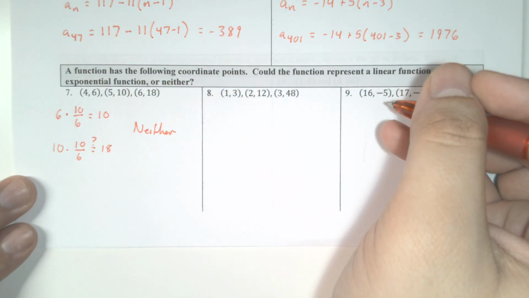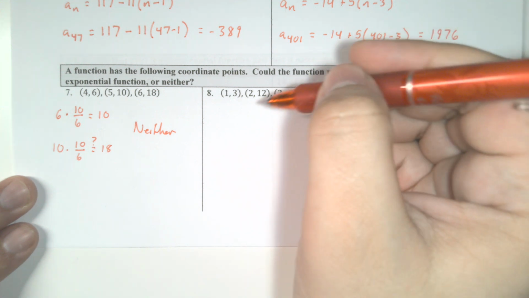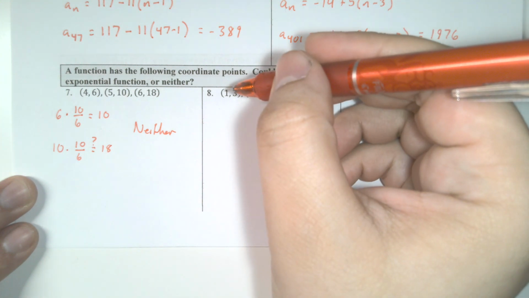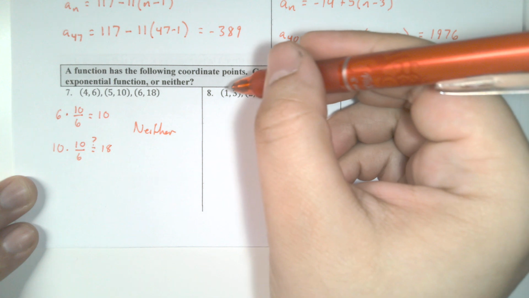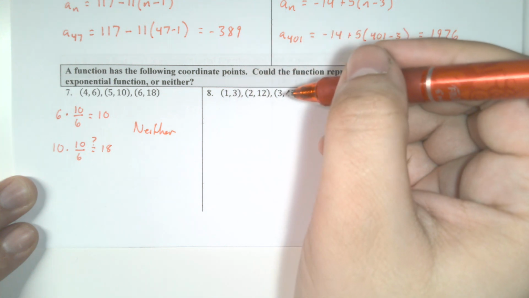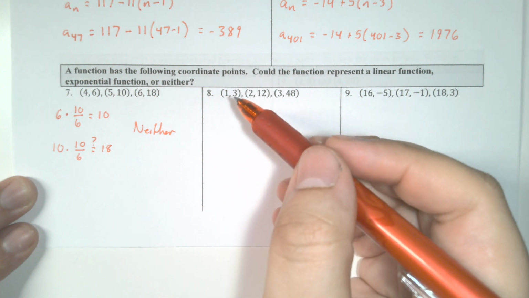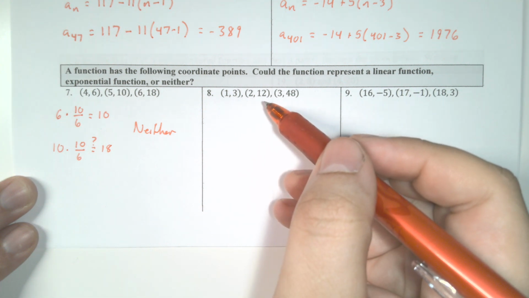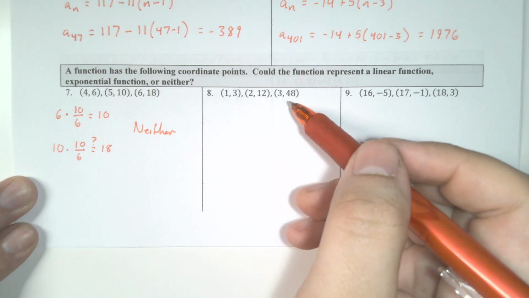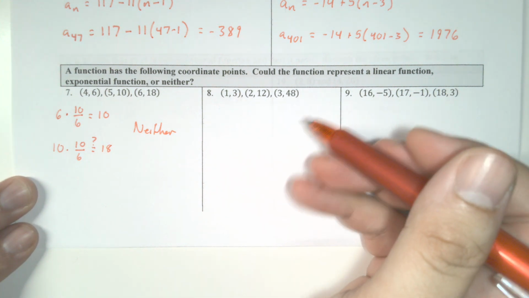Now, what about number 8? Let's first confirm our x values: 1, 2, 3, so we're all adding by 1. Let's check arithmetic first. So 3 plus 9 is equal to 12, but is 12 plus 9 equal to 48? No. So this is not arithmetic.